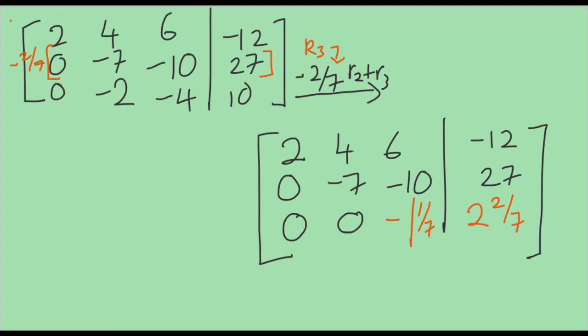And finally, we would solve the problem using the back substitution method. Multiply this with the first variable, which is x1. This would be x2, the second column, and the third column, x3.